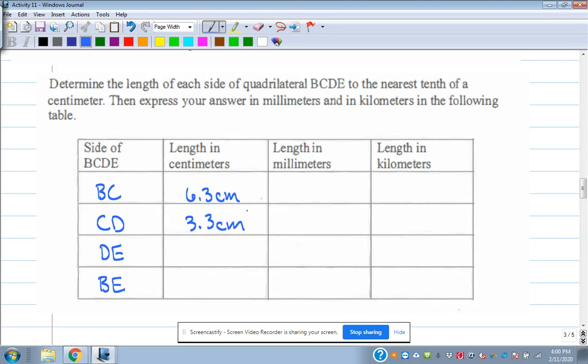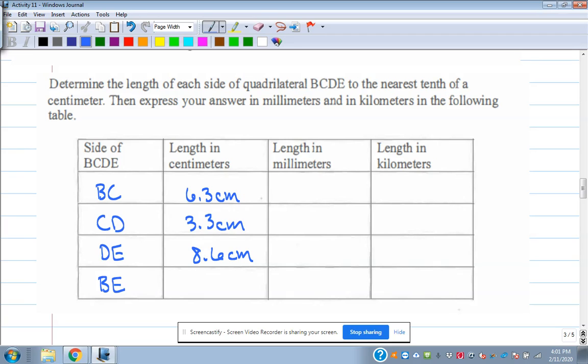And then from D to E, it's the longest one. So this is the one that could screw things up here. Center of dot to center of dot. I got 8.6 or 8.7. It's about halfway between those two. I'm going to do 8.6.